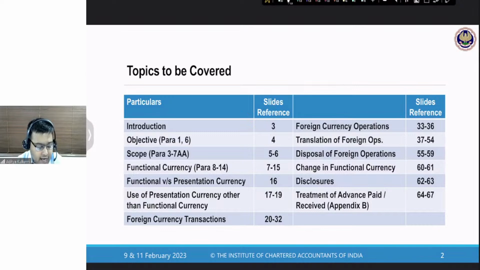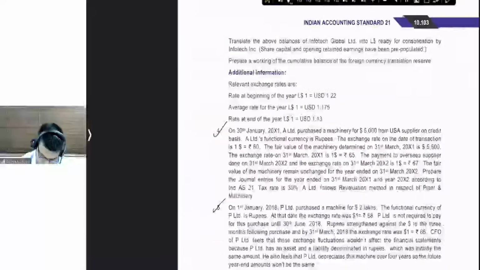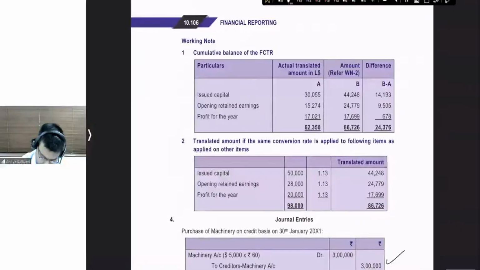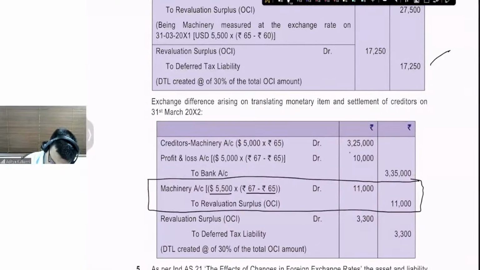See, you had your trade receivables appearing at... so he is asking this question: what is the meaning of this 10,000, and then creditors debit by 3,25,000 and bank credit 3,35,000.